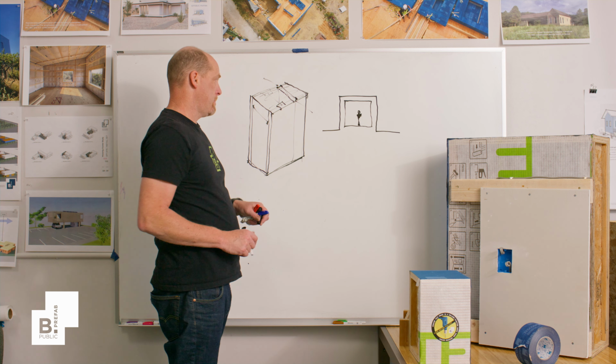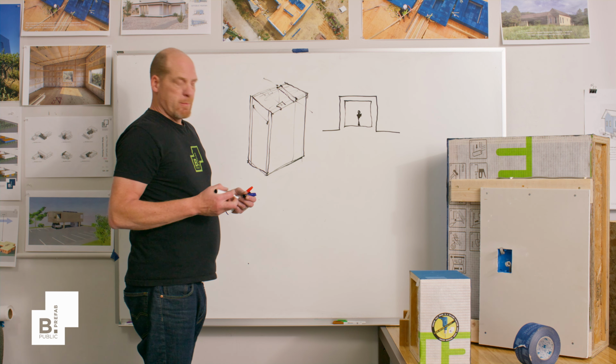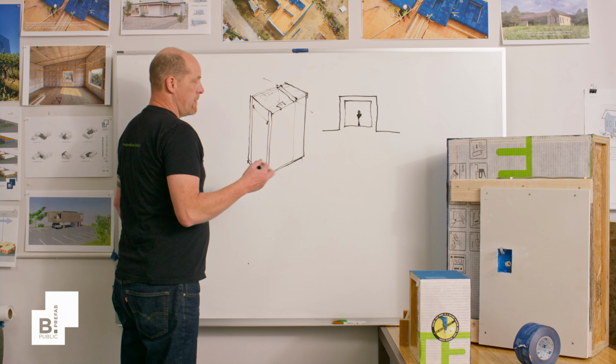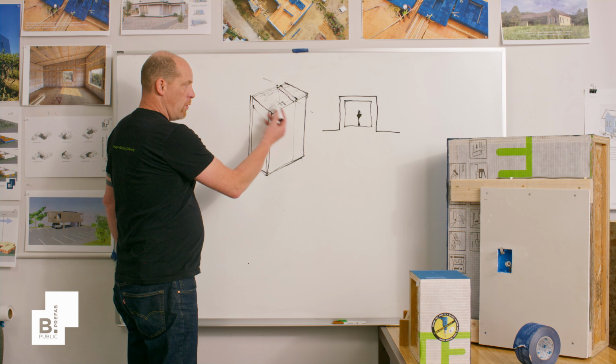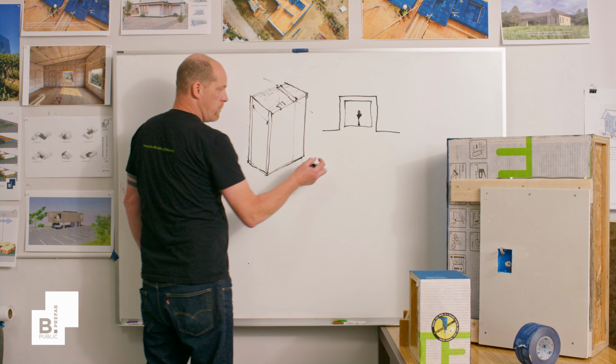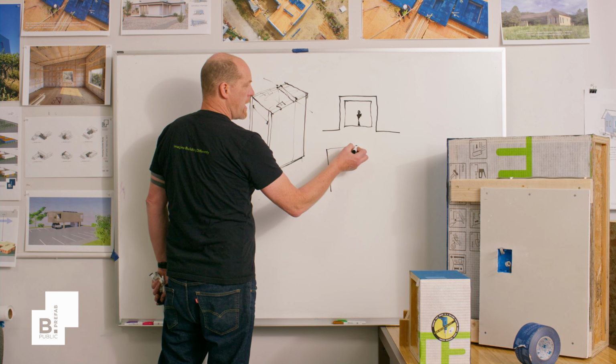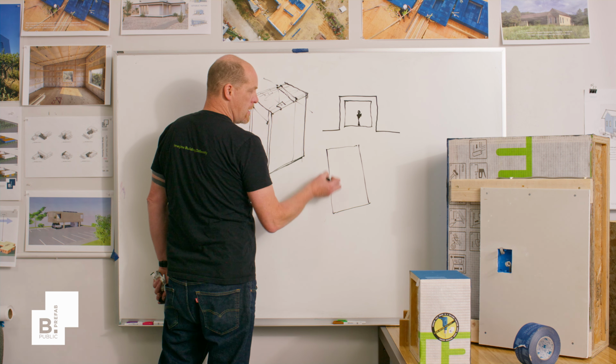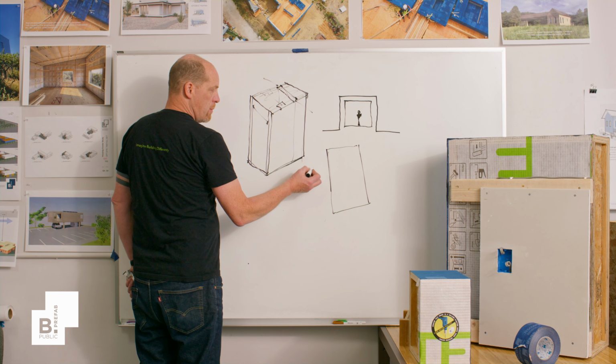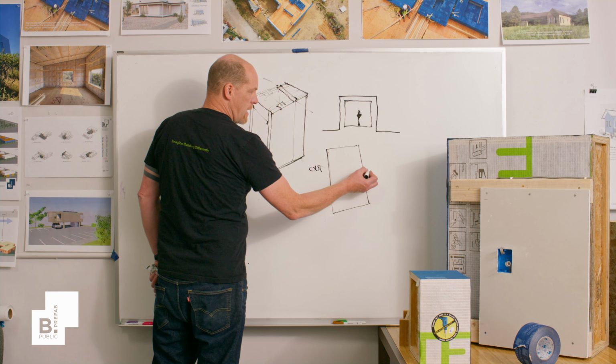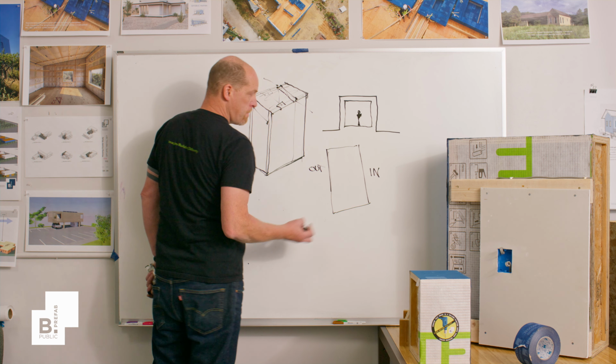Another really important impact in maintaining full performance of your R value actually has to do with airflow or convection through the assembly. So I'm going to say this is outside and this is inside.